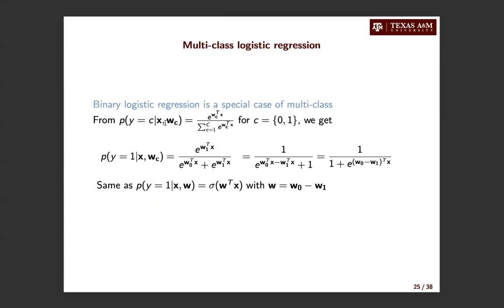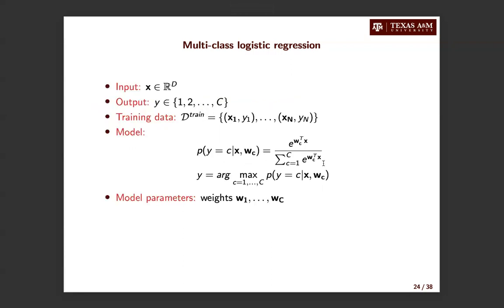For this, we are going to set a single weight, W1, that corresponds to class 1, and another weight W0 that corresponds to class 0. And then we're going to compute the probability of our sample belonging to class 1, given the weights W0 and W1.